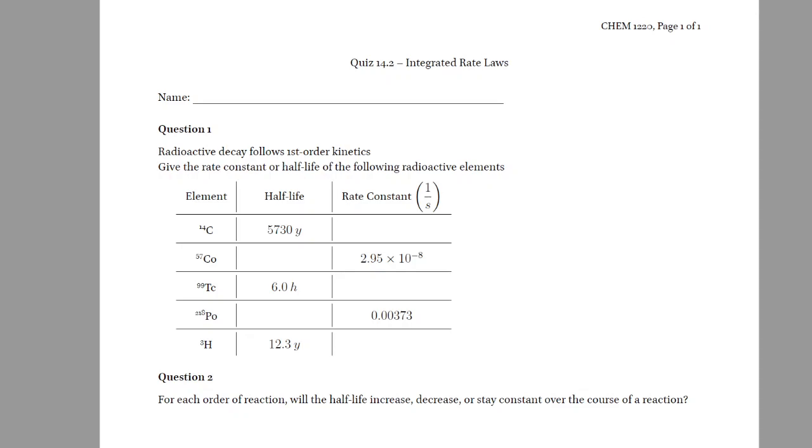And in this case, for the half-life, I think it's best to express it in whatever units seem most convenient and intuitive. And so if that's in seconds, I'm going to go ahead and divide by 60 seconds to the minute, divide by 60 minutes to the hour, and divide by 24 hours to the day.